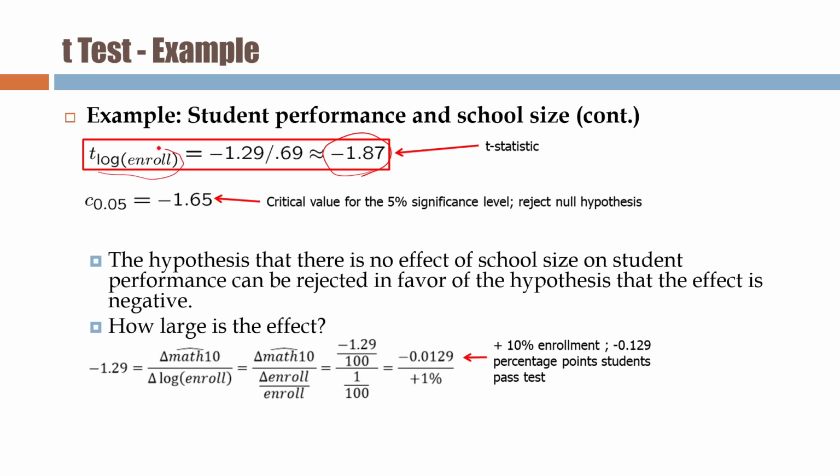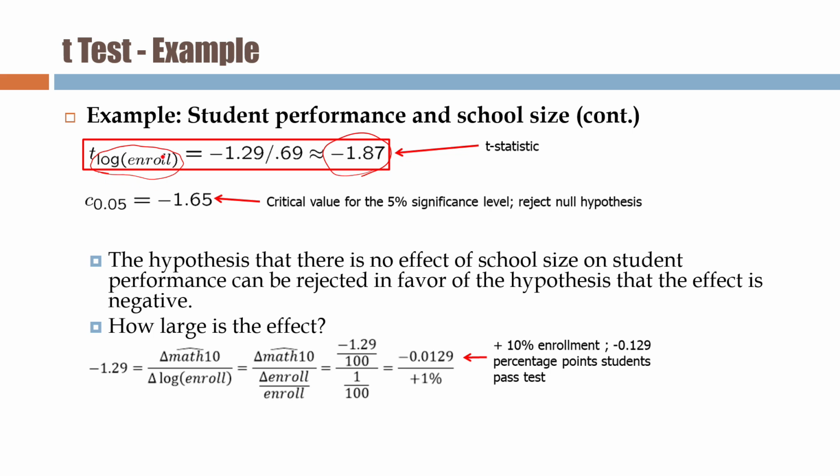Again, our big topic is linear regression, right? So why do we call this linear? Because even though log is not linear, mathematically we treat this log enrollment as a new factor. So the calculation of the t-value for the log is exactly the same.